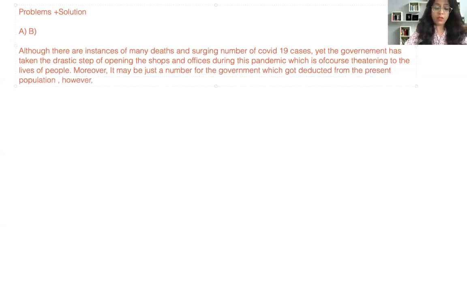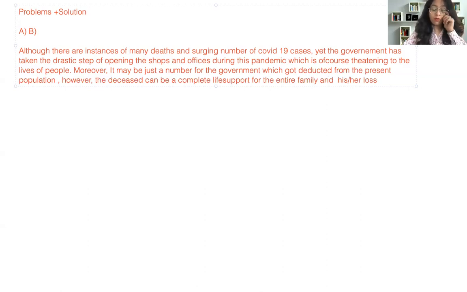However, the deceased can be the complete life support for the entire family, and his or her loss would be uncompensated.